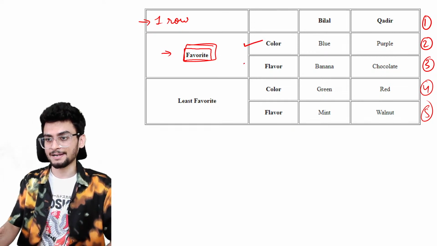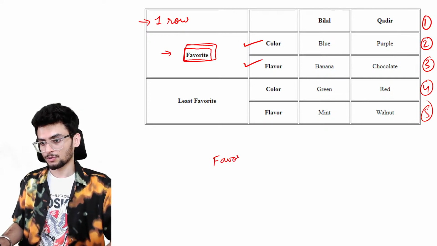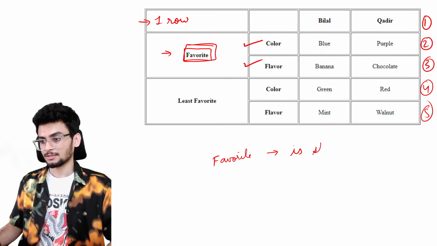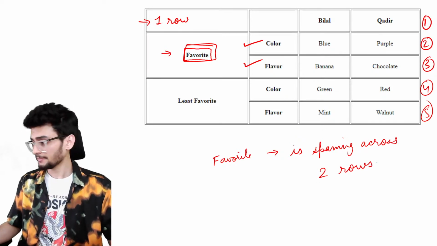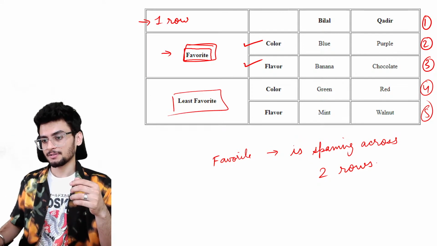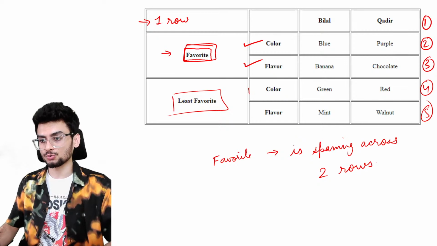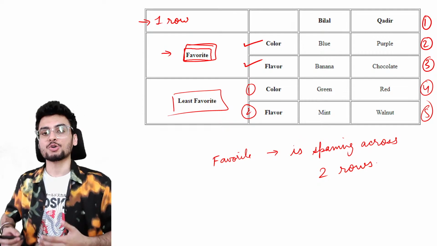This row and this row, ठीक है? तो what I say is the favorite cell is spanning across two rows. Am I right? Do you agree? ठीक है. Similarly, ये जो least favorite है, it is also spanning across two rows. So this is about row spanning.